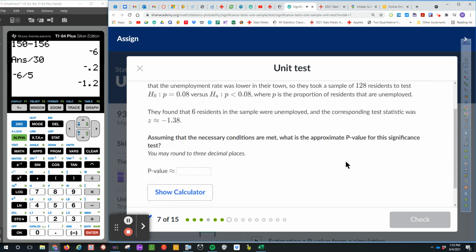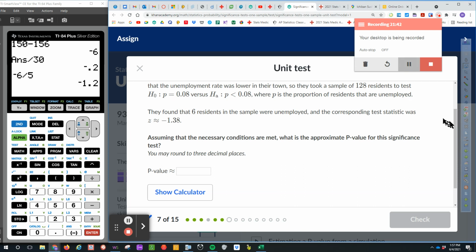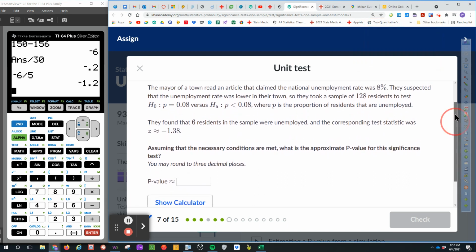Okay, so the mayor of a town read an article that claimed the national unemployment rate was 8%. They suspected that the unemployment rate was lower in their town. So they took a random sample of 128 residents to test.